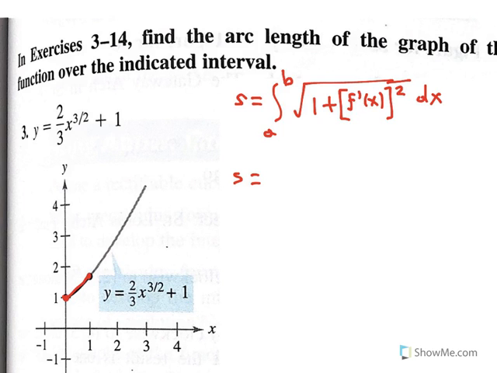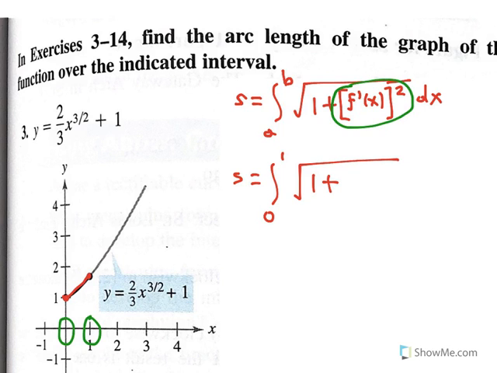The limits of integration will be from x is equal to 0 to x is equal to 1. So we can start by writing the definite integral from 0 to 1, and you would have the square root of 1 plus. So now for this part of the integrand, what I need to do is find the derivative of this function and then square it.